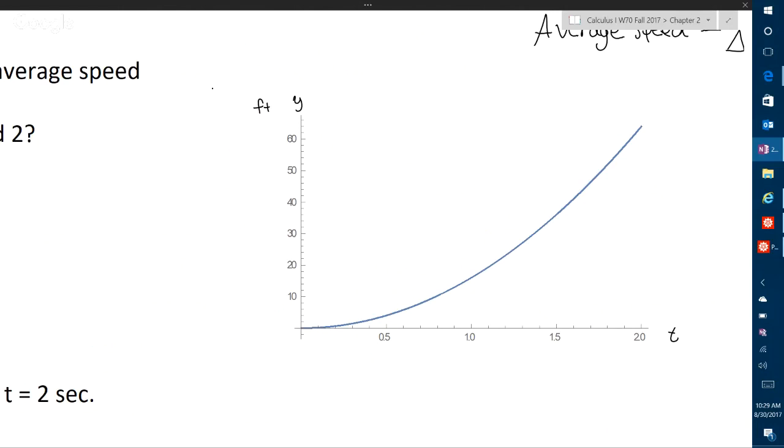Now the original problem, it states, a rock breaks loose from the top of a cliff. What is the average speed for part A during the first 2 seconds of fall? During the first 2 seconds of fall. So when you hear that wording, during the first 2 seconds of it falling, it sounds like they're specifying an interval over the first 2 seconds, so from 0 to 2.